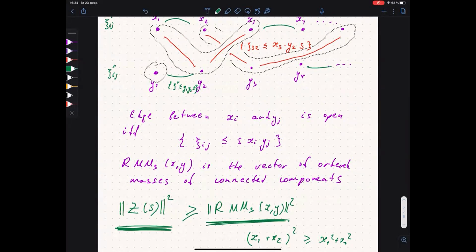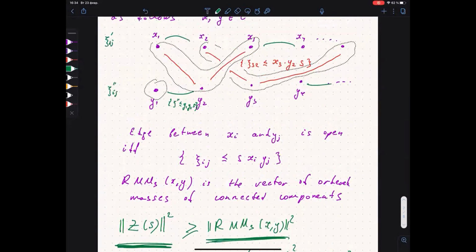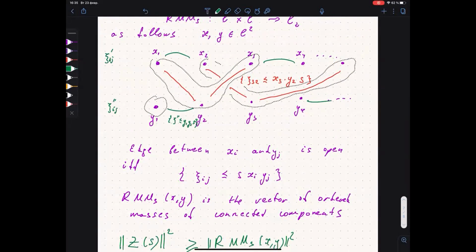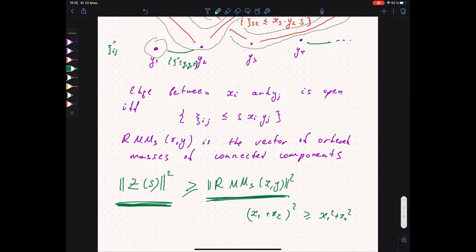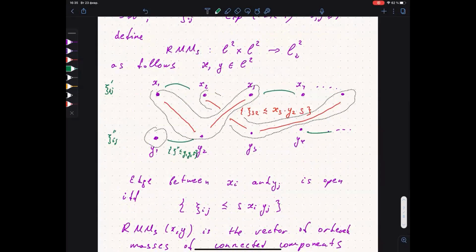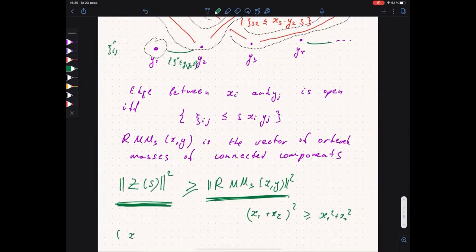And now it turns out that when you do that trick which I did, it is the graphical description of the multiplicative coalescent which starts from a point, from the vector, say, x1, y1, x2, y2, and so on, that is in L2.